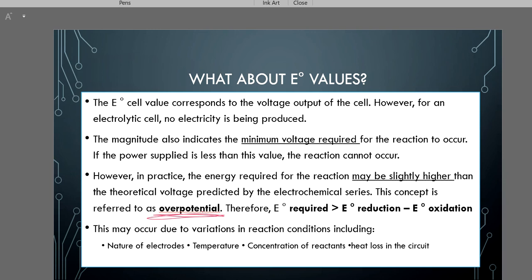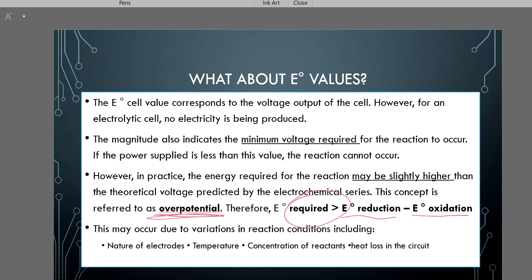So typically, rather than it being just the exact value of the reduction reaction minus the exact value of the oxidation, we say it needs to be greater than that. So if this summed value, reduction minus oxidation, is one volt, we would say it needs to be at minimum 1.01 volts, just a little bit extra to ensure that we get that reaction occurring.